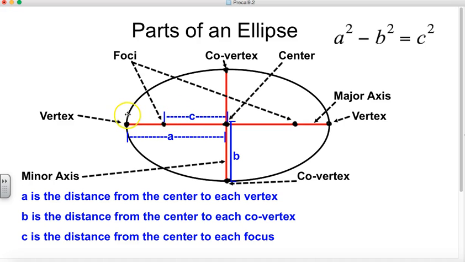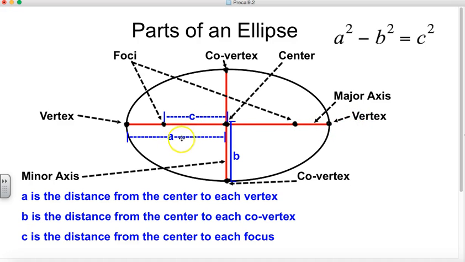So the point right here, the distance to this focus and the distance to the other focus across the ellipse will add up to be the same as the distance from the 2 foci to this point. So no matter where you're at on the ellipse, the distance to the 2 foci should add up to be the same thing. So that's most of our stuff on here.